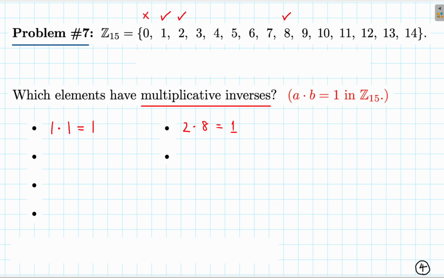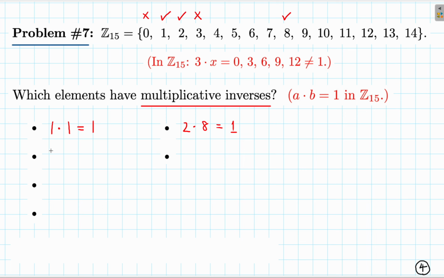And so we see that we're stuck in multiples of 3 when we reduce in Z15. We end up with either 0, 3, 6, 9, or 12. And we're kind of stuck in that loop. So 3 times any element in Z15 can only give us 0, 3, 6, 9, and 12. In particular, we'll never get a 1. So 3 does not have a multiplicative inverse.